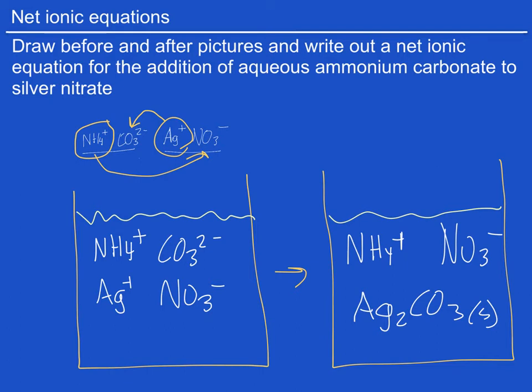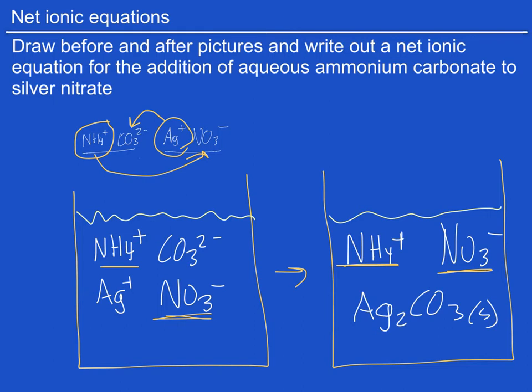Okay, so now when we look at this before and after, we can identify pretty quickly what's going on here. Ammonium is in the same state on the left as it is on the right. Carbonate is not. Carbonate has become a solid. Silver has become a solid. Nitrate is in the same state on the left as it is on the right. So since the ammonium isn't changing and the nitrate isn't changing, that's not going to be part of our net ionic equation.